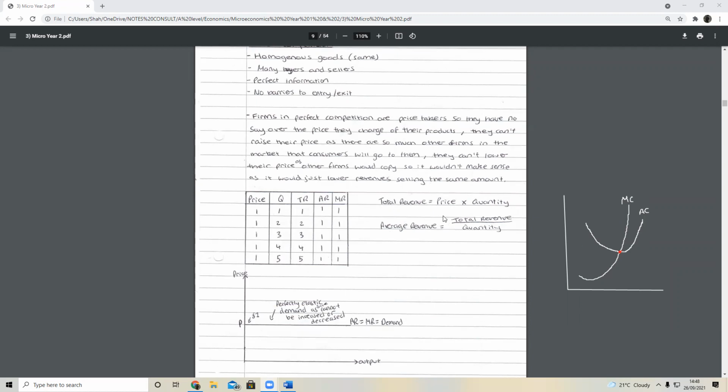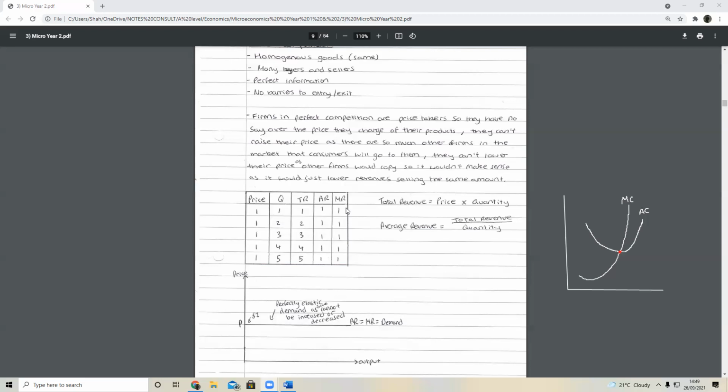Total revenue is just how much money you make from selling your products, which is basically the price times the quantity you sell. So if you look at here, at 1 quantity, our total revenue is 1 times 1, right? At 2 quantity it's 2 times 1, and so on. Our average revenue would be our total revenue over our quantity, which is also just 1. 1 divided by 1, 2 divided by 2, 3 divided by 3, and so on.